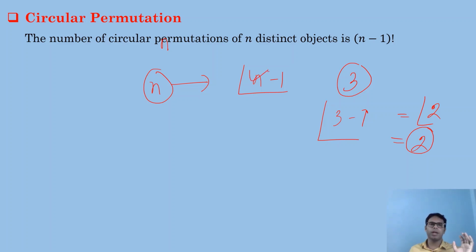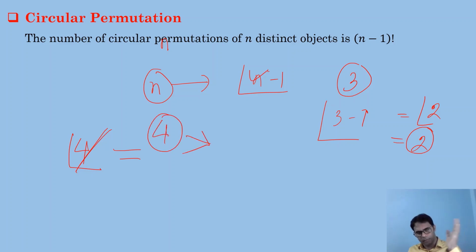If you have 4 different objects and you place them in a circle, then you will have factorial of 4 minus 1, which is factorial 3, which is 6 different permutations.